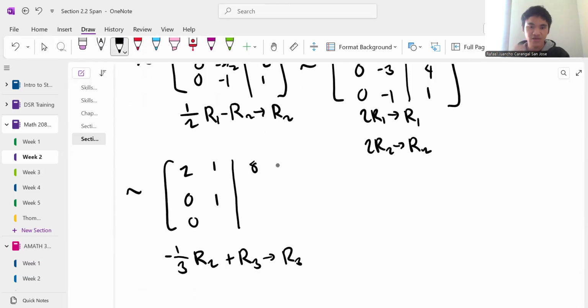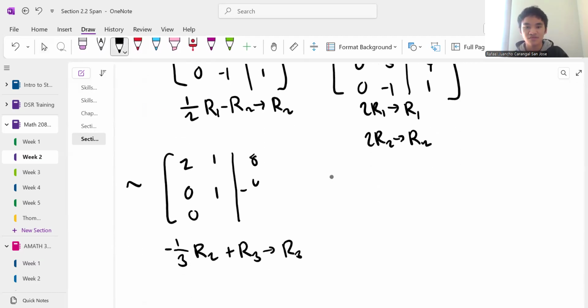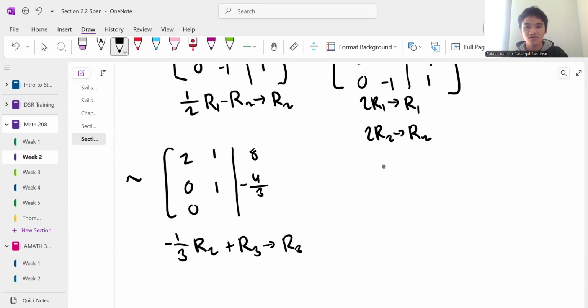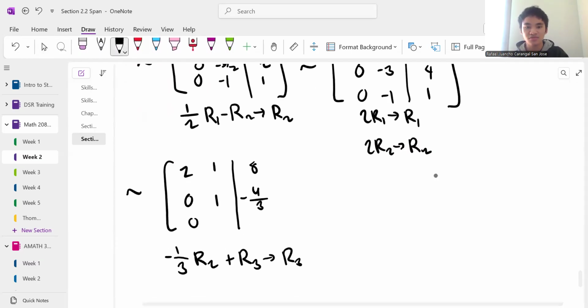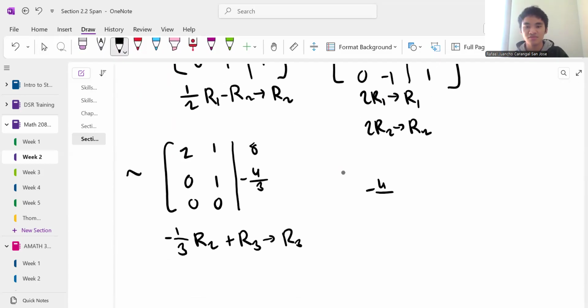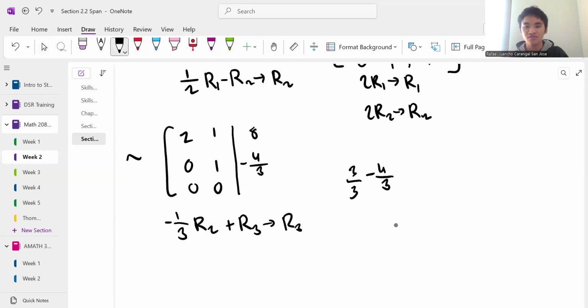This puts me at 1. This puts me at negative 4/3. Okay. 1 minus 1 is a 0. Negative 4/3. There's the issue. Add it to 1. Negative 1/3.